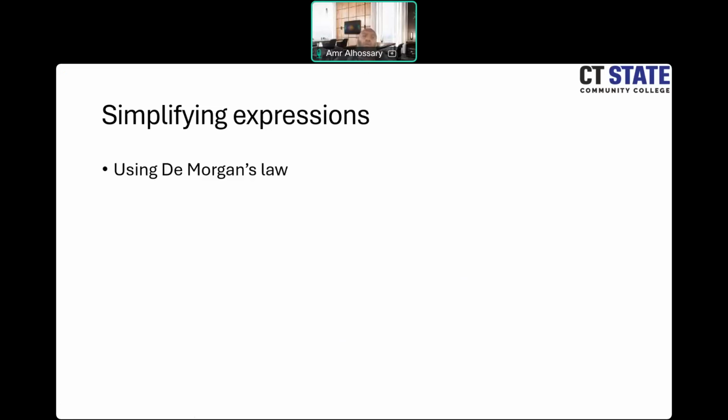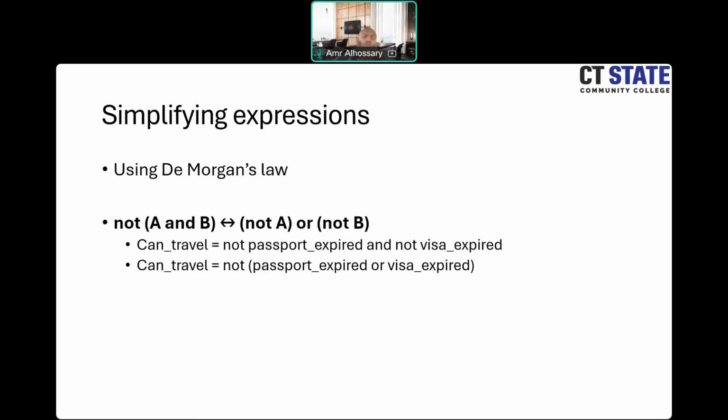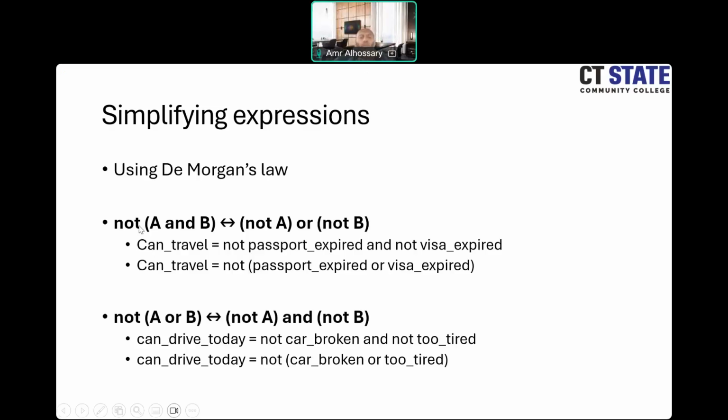Last but not least, we can use De Morgan's law to simplify conditions, which says that not (A and B) exactly equals not A or not B. And not (A or B) is exactly equal to not A and not B. So let's give an example.